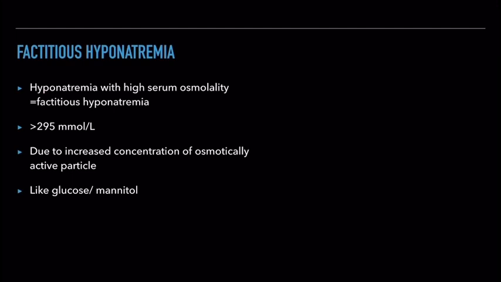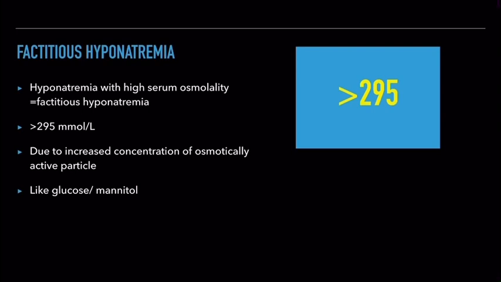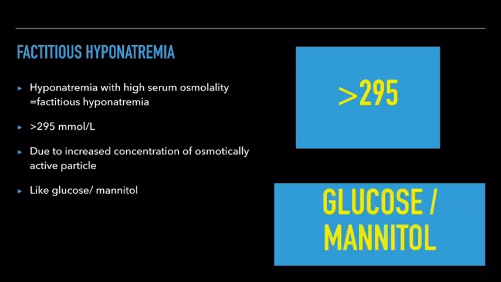These are the commonest conditions that lead to factitious hyponatremia, and others like glycine administration during TURP surgery. So always look for random blood sugar and also ask for the history of mannitol administration.